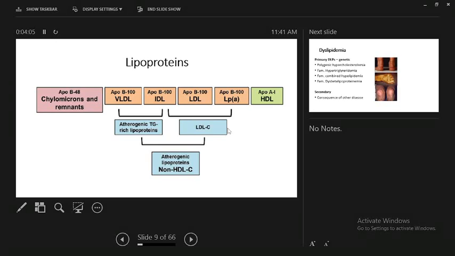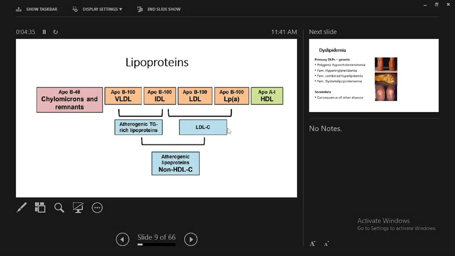I hope you have understood these lipoproteins now. So let's look at the lipoproteins again. All the lipoproteins are here. If you see this LDL, there is another category called lipoprotein small a. When you check LDL-C in your lipid profile, both LDL and lipoprotein small a are actually combined in this LDL-C.